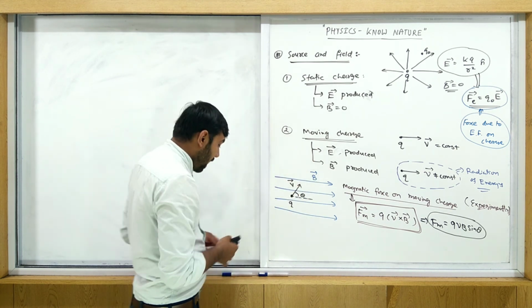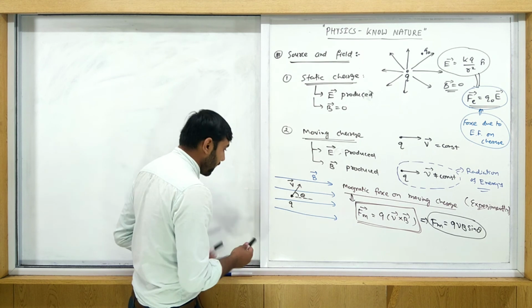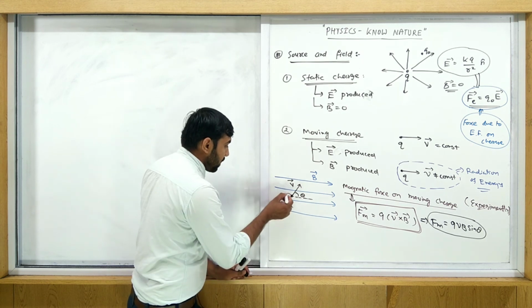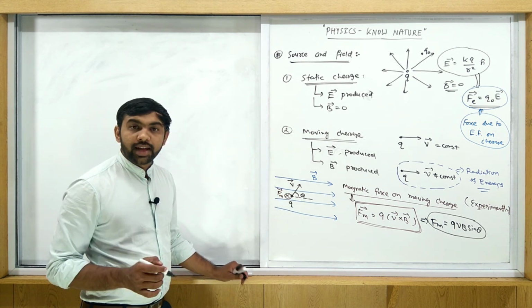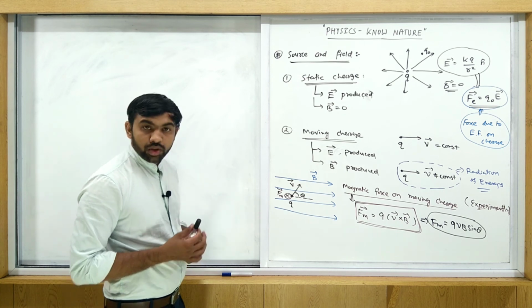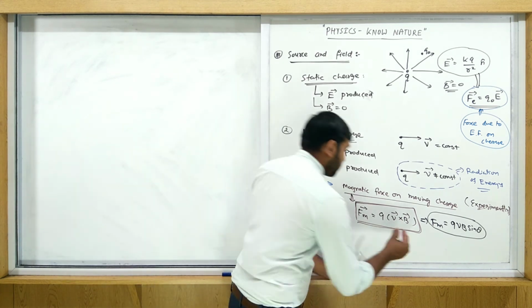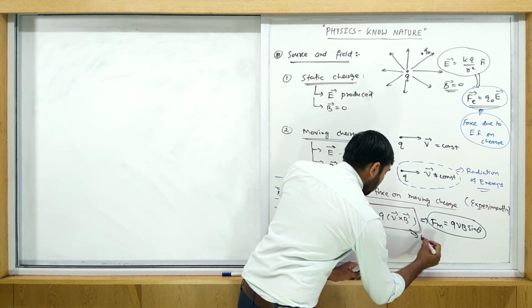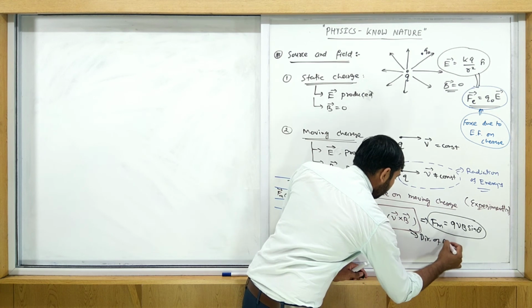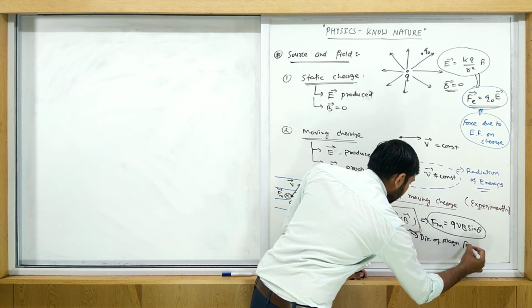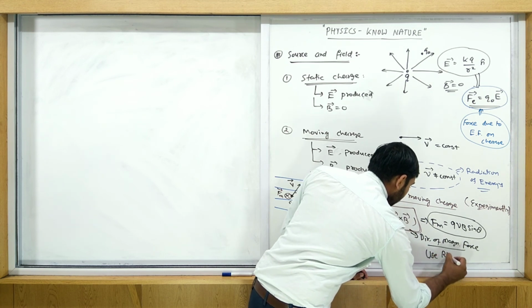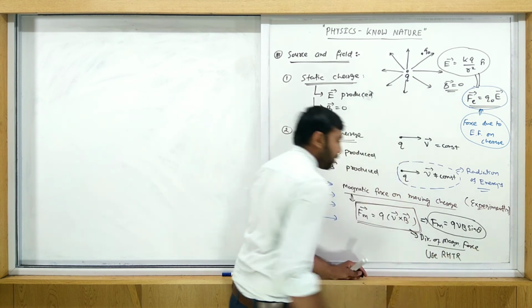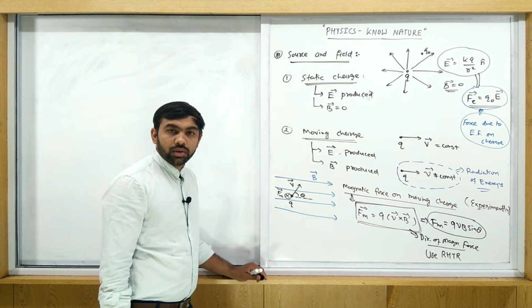It means the force applied on the charge here will be in which direction? Inside. So how to find the direction of magnetic force? Use the right hand thumb rule.